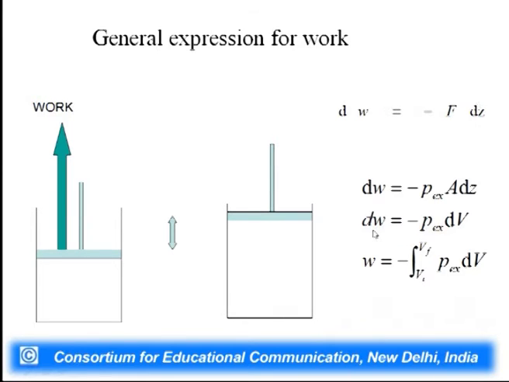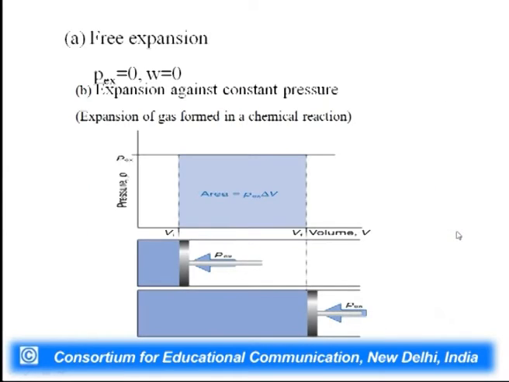So, work done can be written as dW is equal to minus P external dV. You can calculate work done by integrating this from Vi to Vf. You must remember here that P is equal to P external. So, this is the general expression for PV kind of work, that dW is equal to minus P external into dV.